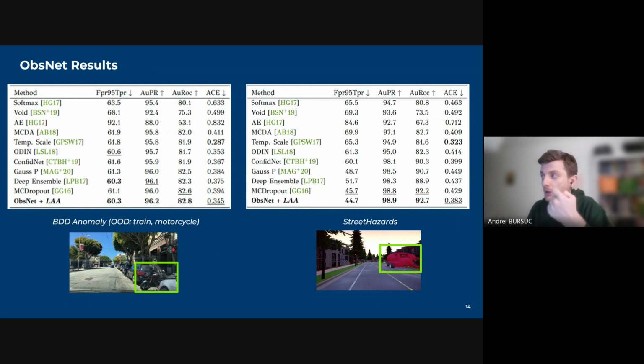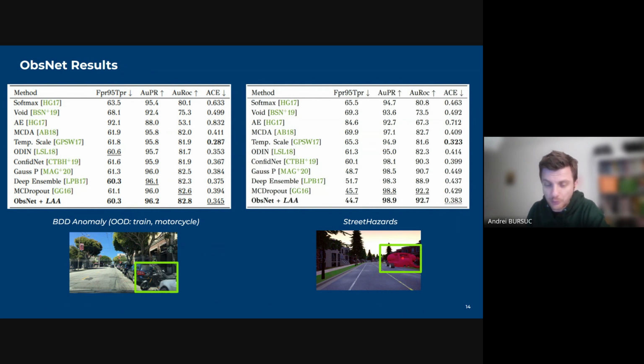And since we are dealing with failure predictions, we don't look just at OOD. We also look at the predictions that are incorrect on the in-distribution classes. And we have a similar data set, which is synthetic, however, called StreetHazards, where we have all sorts of weird objects that appear at test time.